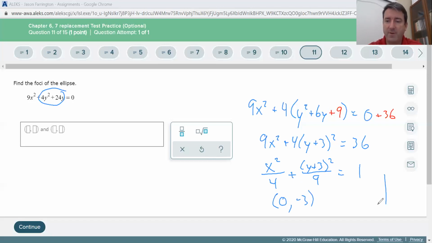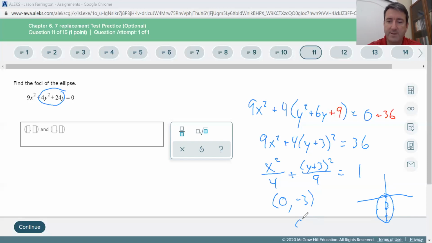And to find the foci, so we've got our center at 0, -3, and we're going out 2 in the x direction, up 3 in the y direction. So there's our ellipse. And our foci are going to be out here. And we need to figure out what that distance is there.